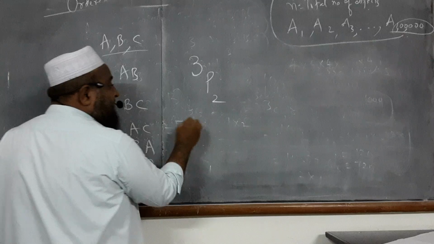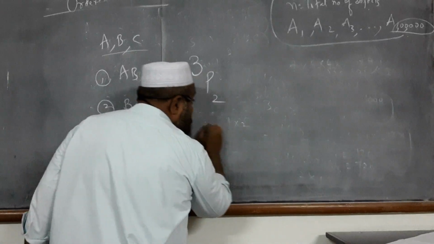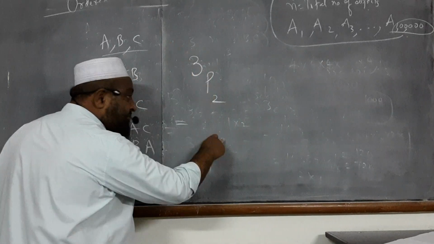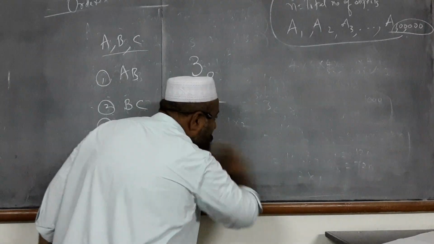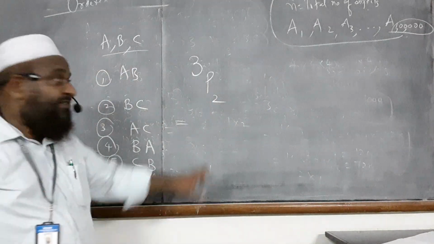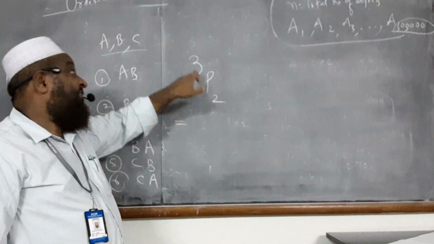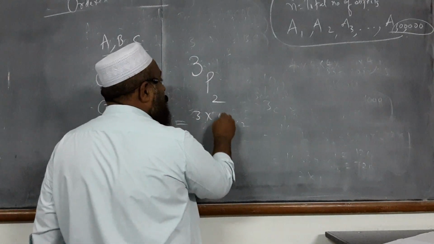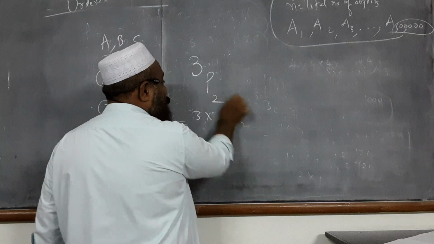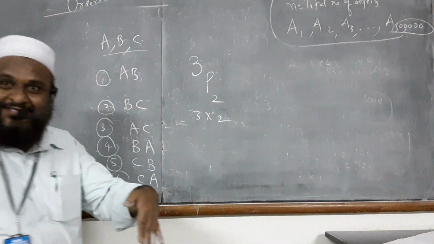So this is equal to, in the denominator we were writing 1 into 2 for combination. For permutation we will not write the denominator. We will just write 2 factors starting from 3 going down. So 3 into, not 4, sorry, going down, 3, 2.